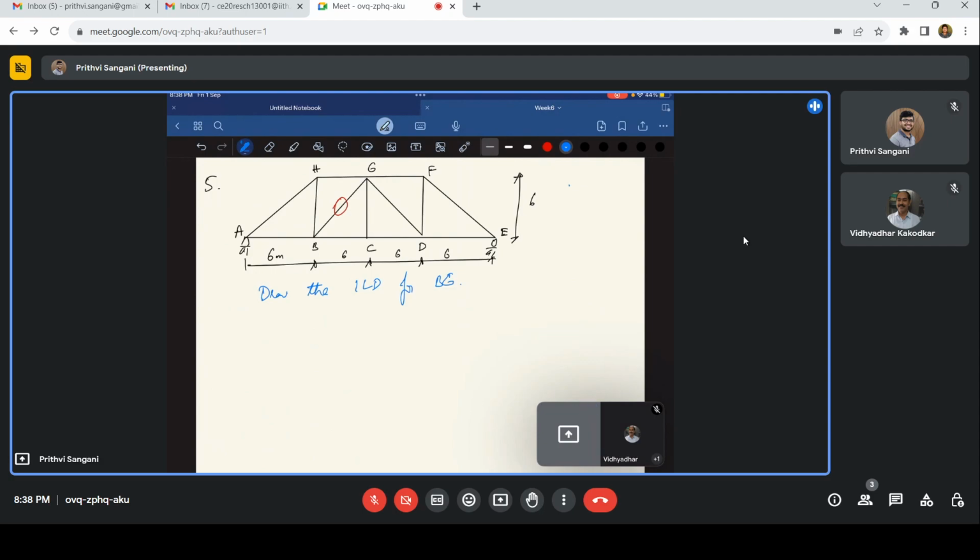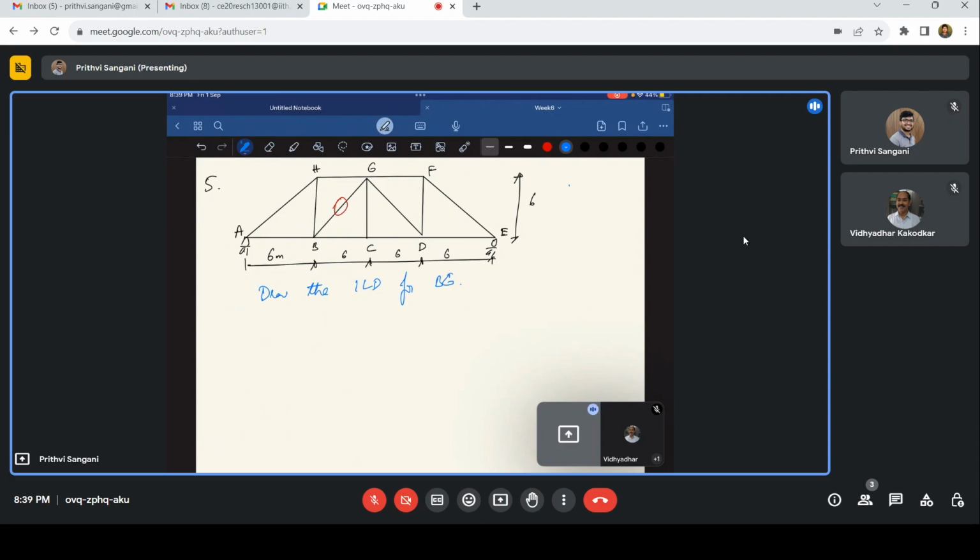Usually, you have two trusses, one at the front and one at the back. These two trusses support the bridge girders, the beams of the bridge.